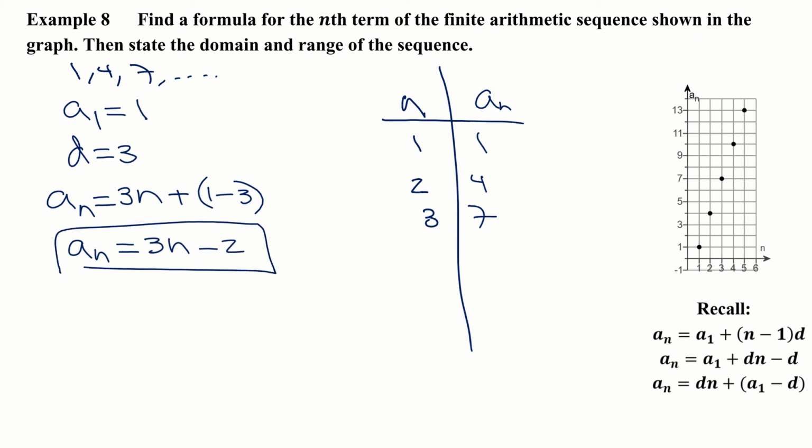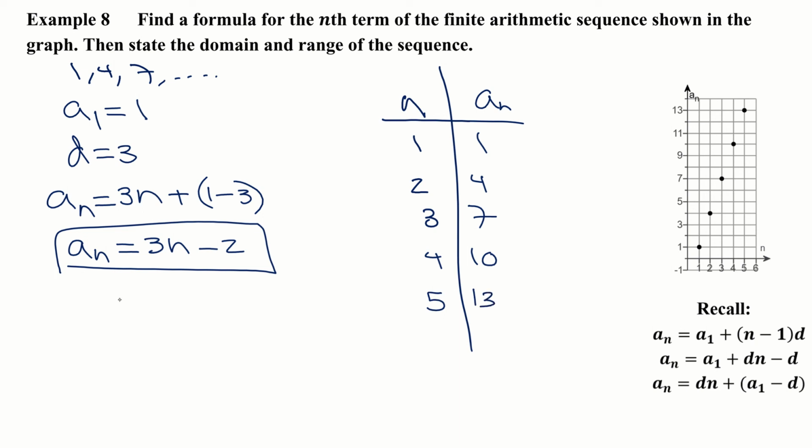So there's the formula for the nth term of the finite arithmetic progression, and the domain and range. Let me just go ahead and continue with 4. If I plug in 4, I get 12 minus 2 is 10. And 5, so 15 minus 2, 13. And it's verified on the graph as well, right?